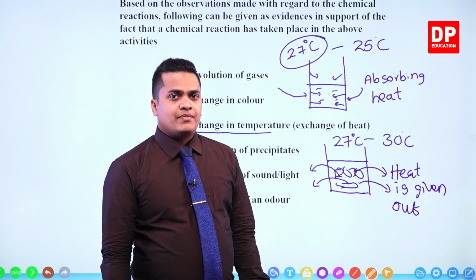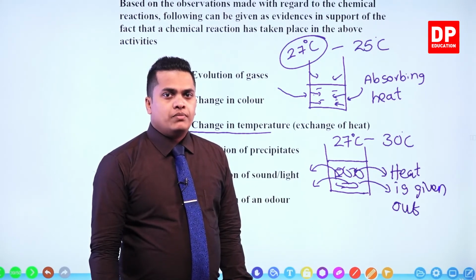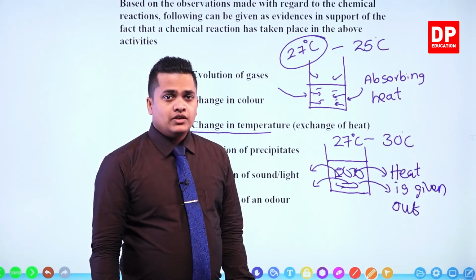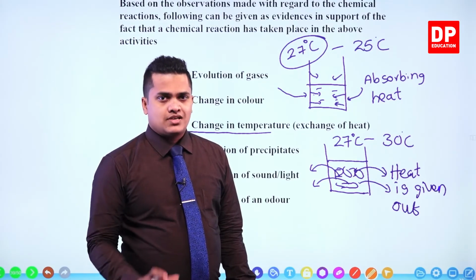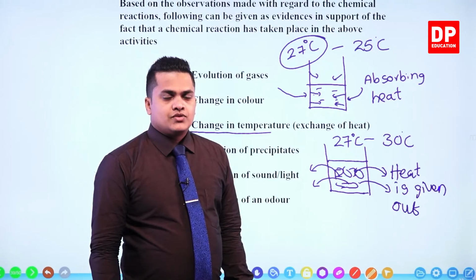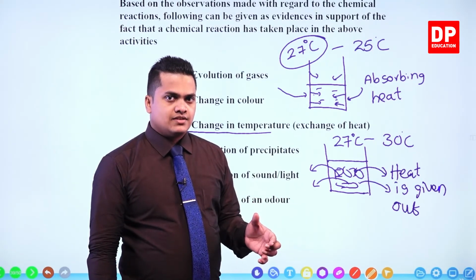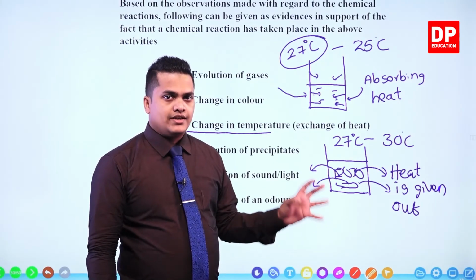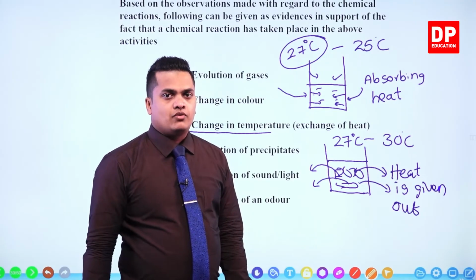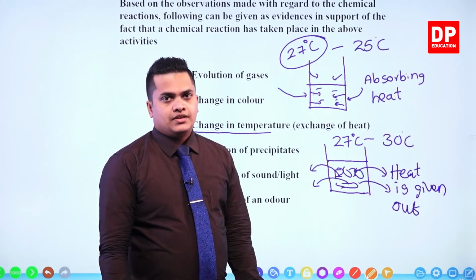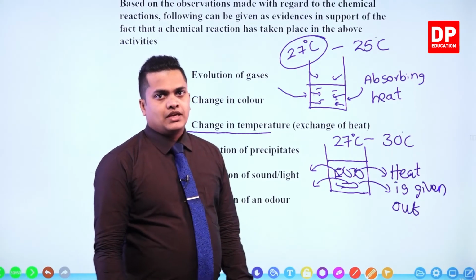Like when you are firing up a cracker, that cracker is going to burn up, giving out a huge sound, and sparks are going to come. All of these examples reflect a type of energy: sound, light, heat, and so on. So if a type of energy is given out from the system, then that system has undergone a chemical change.